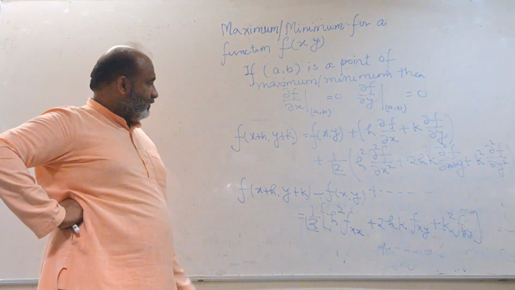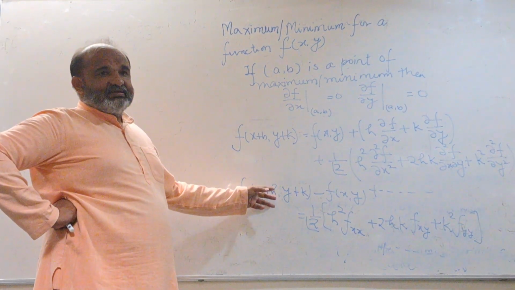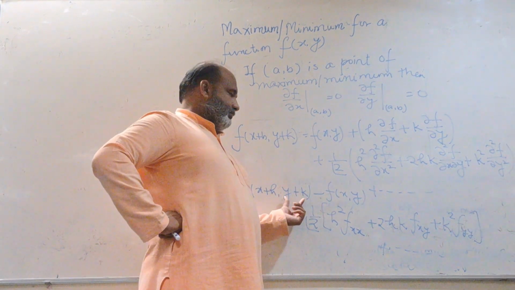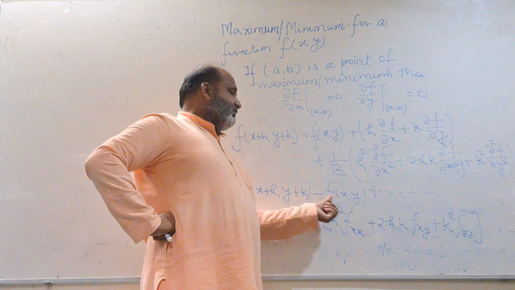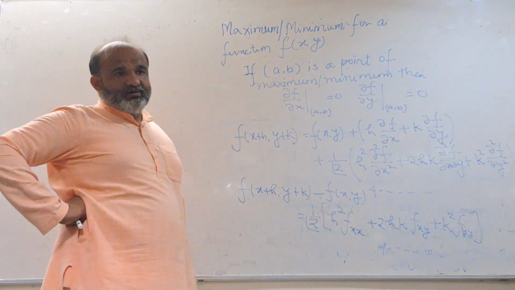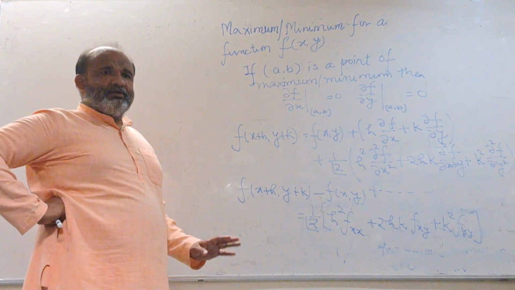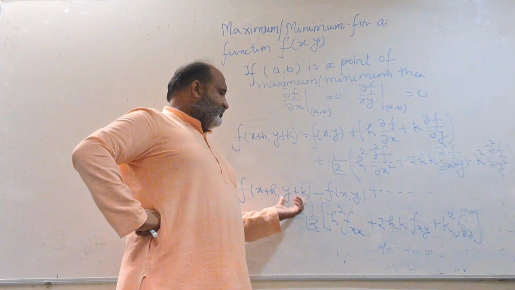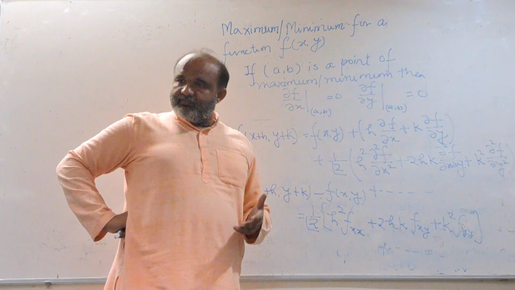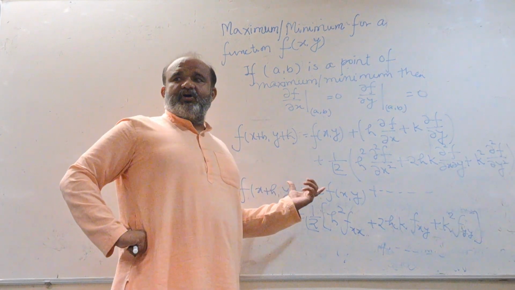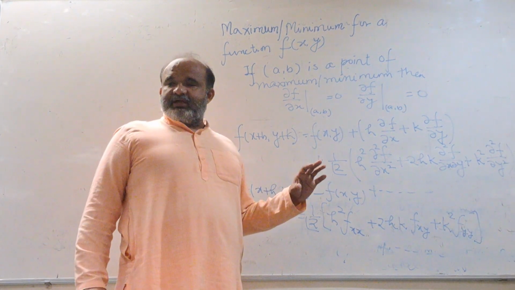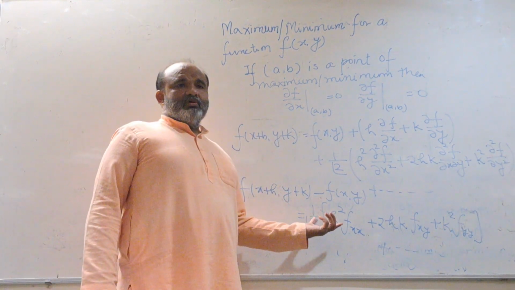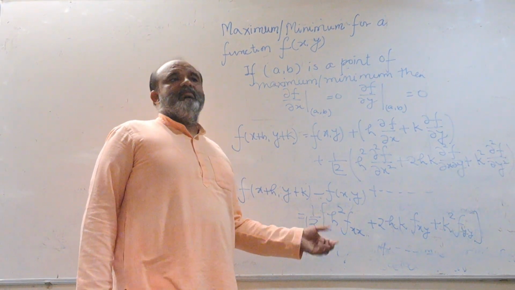If it is positive, then for that point the case will be a point of minimum. If this is negative, maximum. If it is not decided or determined, because the sign keeps changing, then it is neither a maximum nor a minimum.